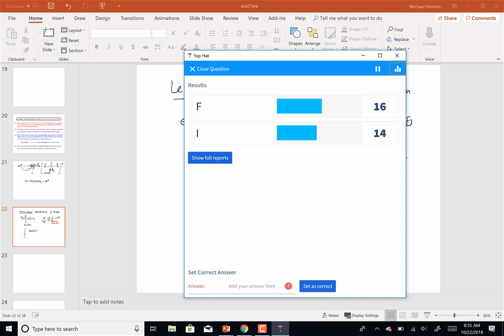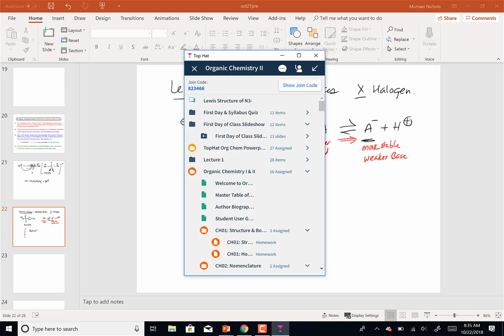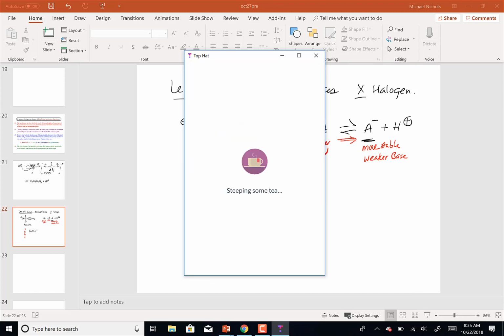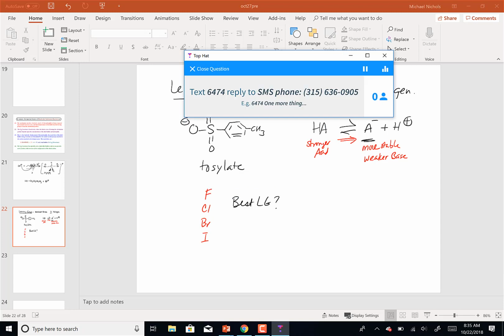So that you know what that means, first I need to lock down these answers. Let me give you a minute to discuss with a neighbor what you chose, and then we'll re-vote and see if any answers got moved.